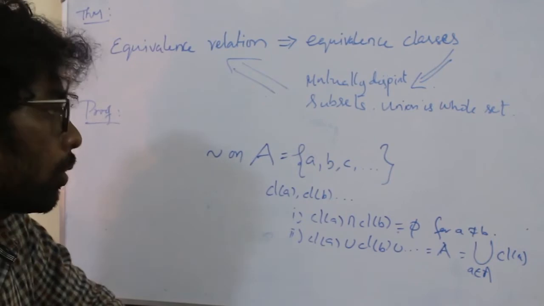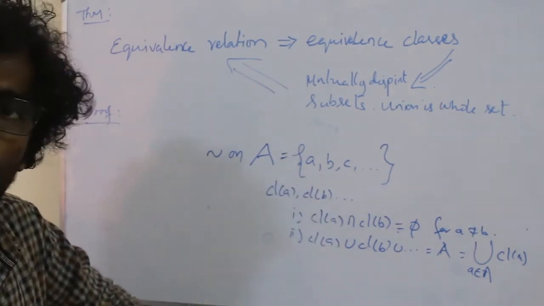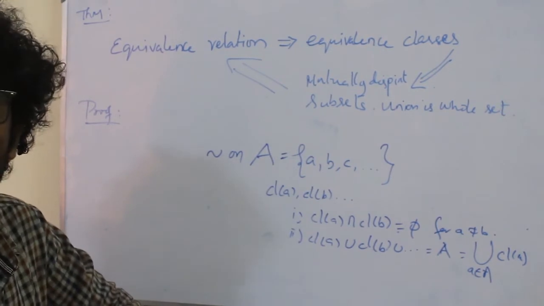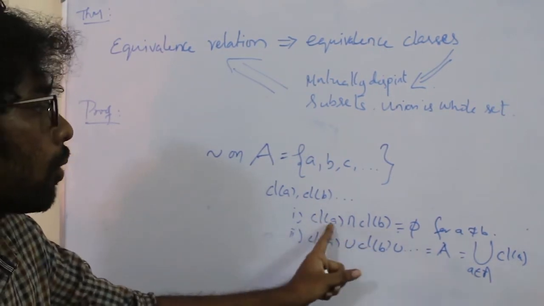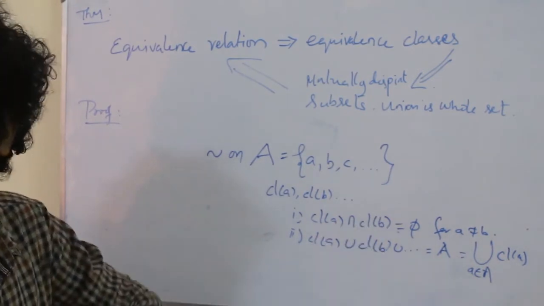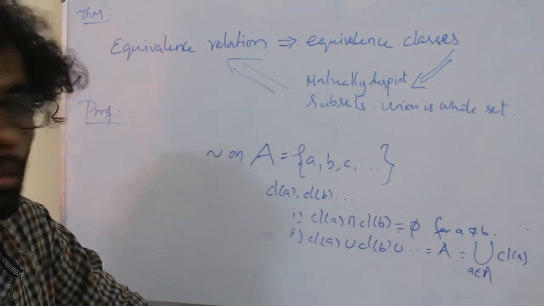But there may be doubts. Suppose the set is infinite, or each CL of A has an infinite number of elements. How can the intersection be empty?